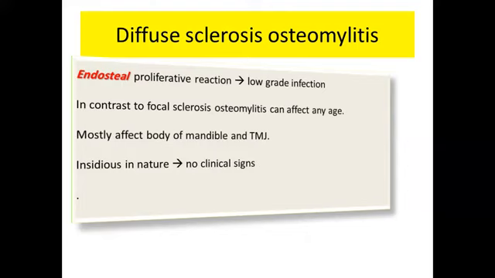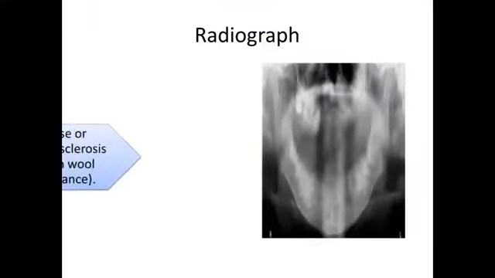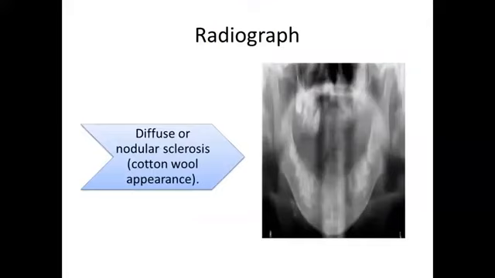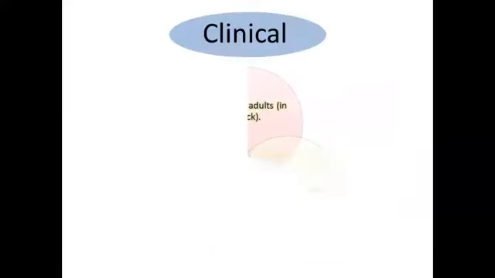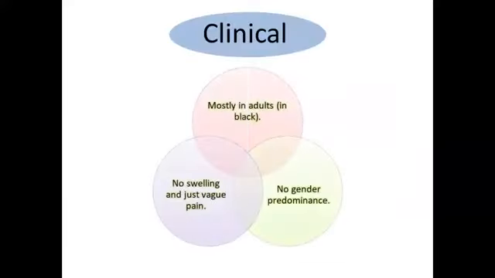Consider insidious in nature, no clinical signs. Radiograph diffuse or nodular sclerosis, cotton wool appearance. Clinical, mostly in adult, no gender predominance, no swelling, just vague pain.